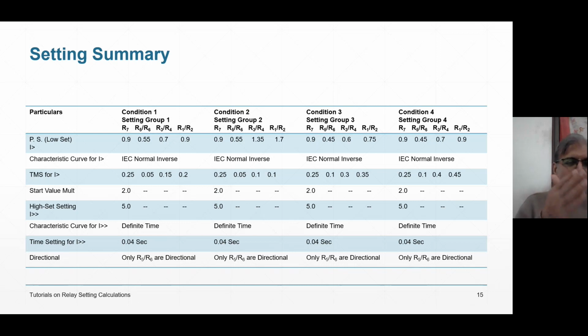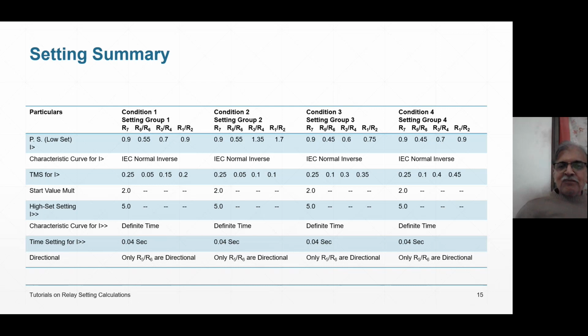You can see I've done so many: 1, 2, 3, 4, 5, 6, 7, 8, some 8 settings. And there are 17 settings. I could have used I triple greater than also. I could have used different reset curves also, which I'm not doing right now because I did not want to complicate. I think this also I have complicated enough.